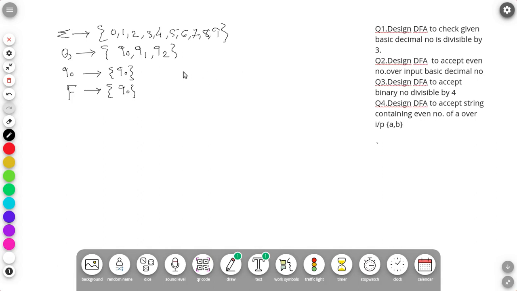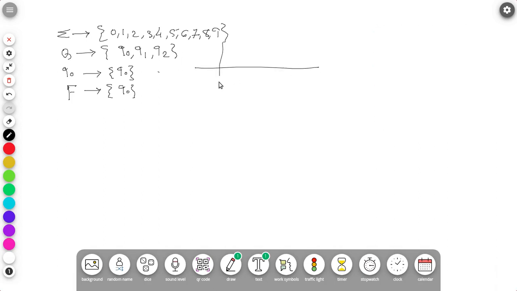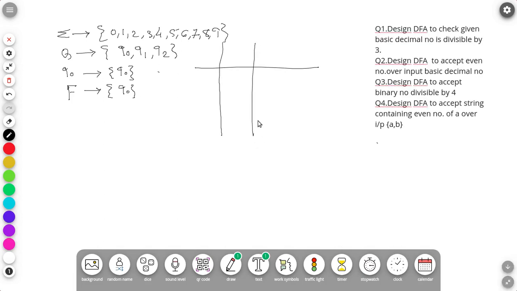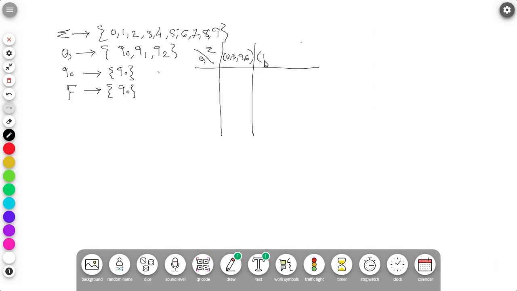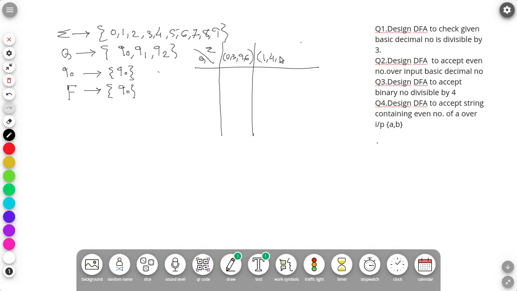So we'll draw a state transition table. The table will have the inputs and the states. The remainder 0 set is 0, 3, 9 and 6. These have remainder 0. Then remainder 1: 1, 4, 7.